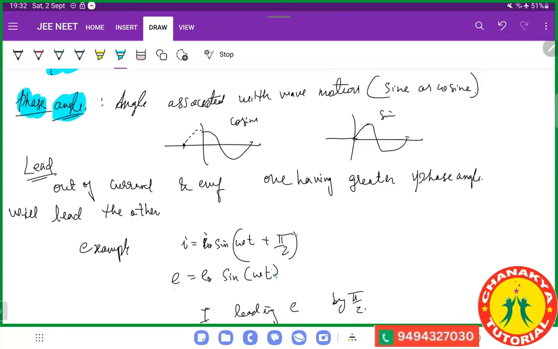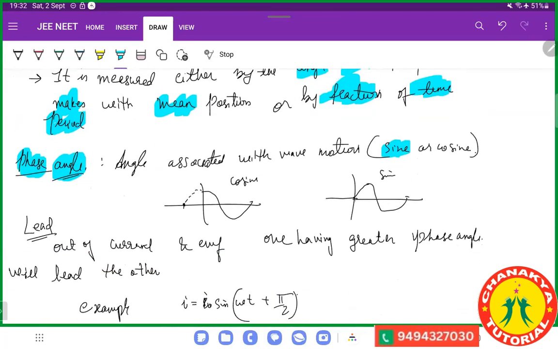Phase angle means the angle associated with a motion. As we discussed before, it is a sine curve or cosine curve. The sine curve starts from this position and the cosine starts from here. So this portion of the cosine curve is already leading. When sine was at 0, cosine was at 1. It was already leading. So the cosine curve leads the sine curve.